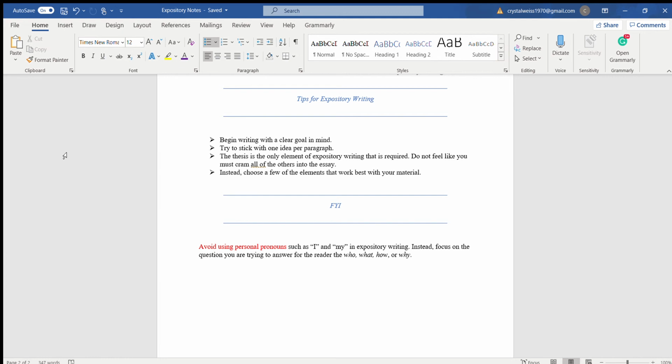The thesis is the only element of expository writing that is required. Don't feel like you have to cram all of the others into one essay. Don't get overwhelmed thinking that you have to put so much in that essay that you end up blurting out 500 things. You don't have to do that. Stick with your example that you're using to support your thesis.